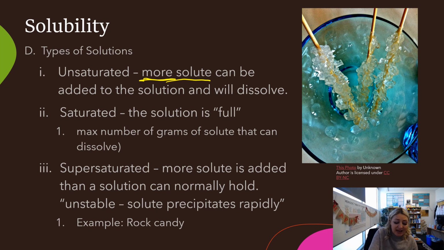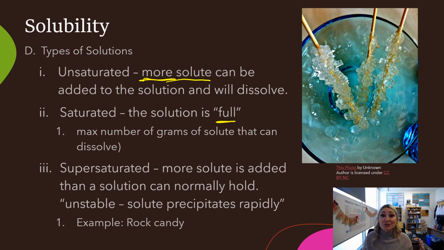If it is saturated, the solution is considered full. It has the maximum number of grams of solute that can dissolve in this amount of solvent at this given temperature, which leads us to the supersaturated solution. So this is a situation where we can actually add more solute to a solution than what it can normally hold.